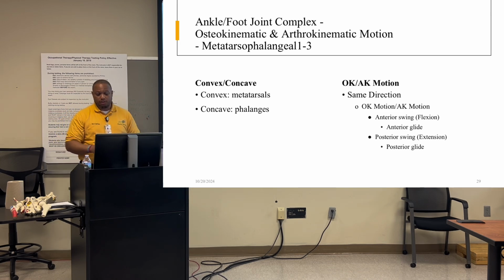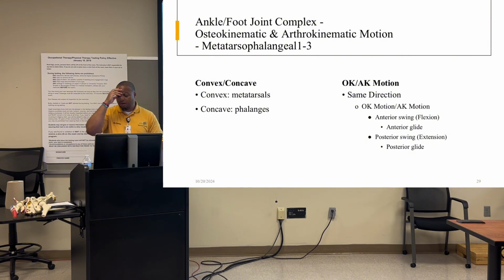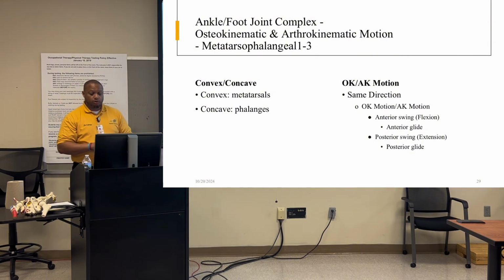With flexion of the metatarsal, you have an anterior swing and roll with an anterior glide. And with extension of the metatarsal, you're going to have a posterior swing and roll with a posterior glide. So the osteokinematic and arthrokinematic motion occur in the same direction.